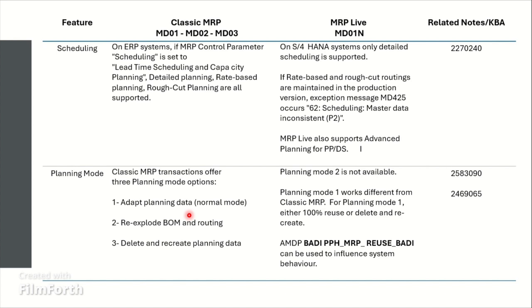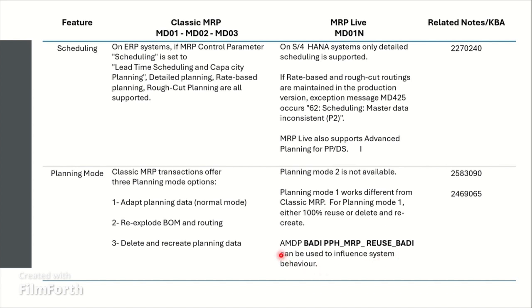classic MRP. So for planning mode 1, either 100% reuse or the delete and recreate option is going to work. And in case you would like to enhance this based on your requirement, then you can use this AMDP body pph_MRP_reuse_body.